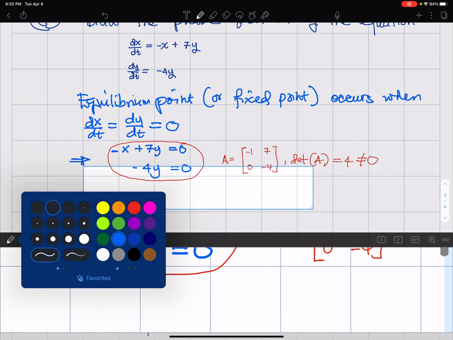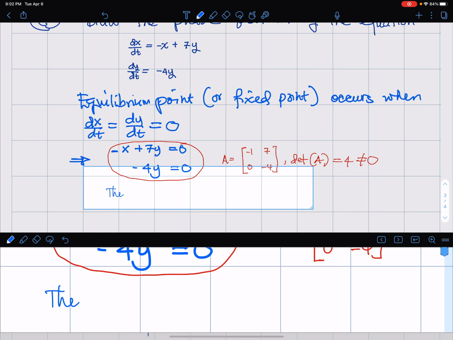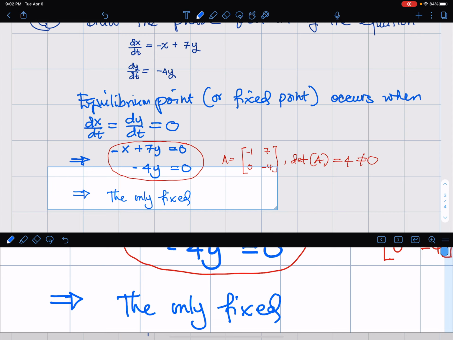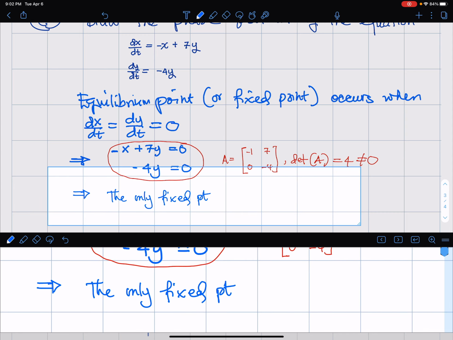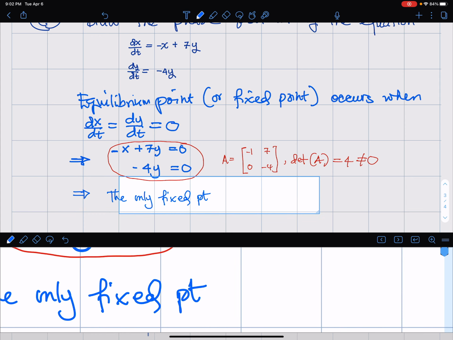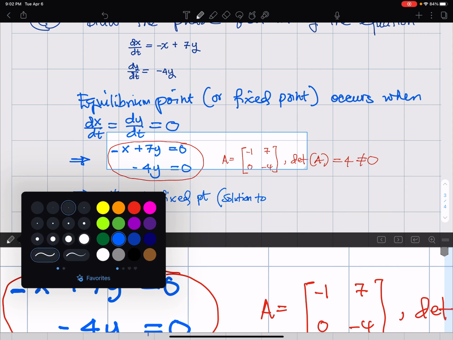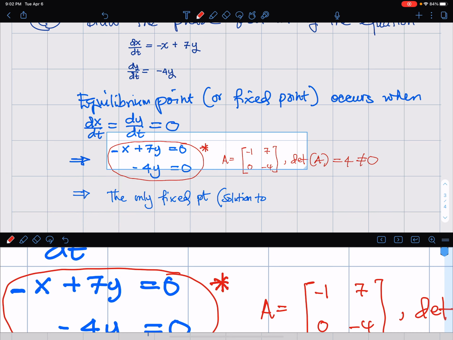Therefore, thus, the only fixed point, in other words, the only solution to this, I'm going to give it my favorite name, I'm going to call it asterisk.